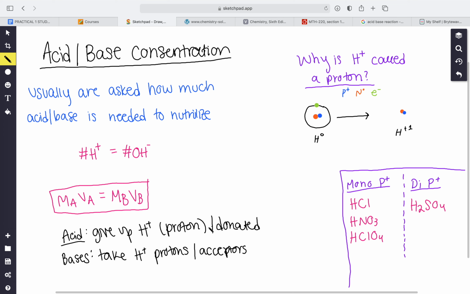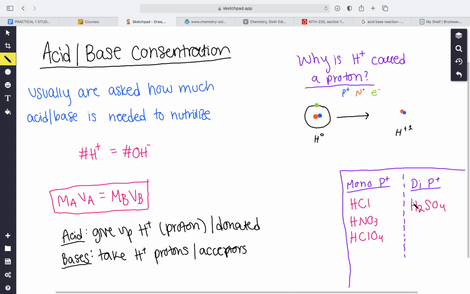Acids are proton donors because they give up a proton, and bases are usually called proton acceptors because they take the H+ protons, right?